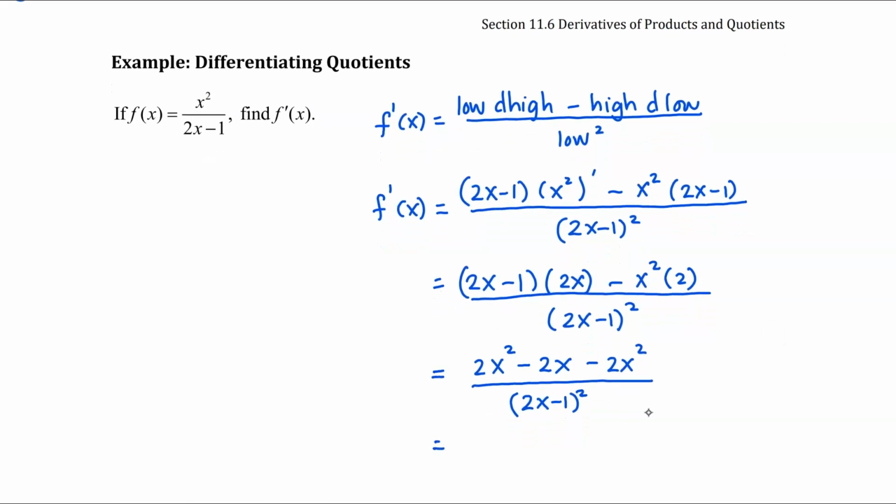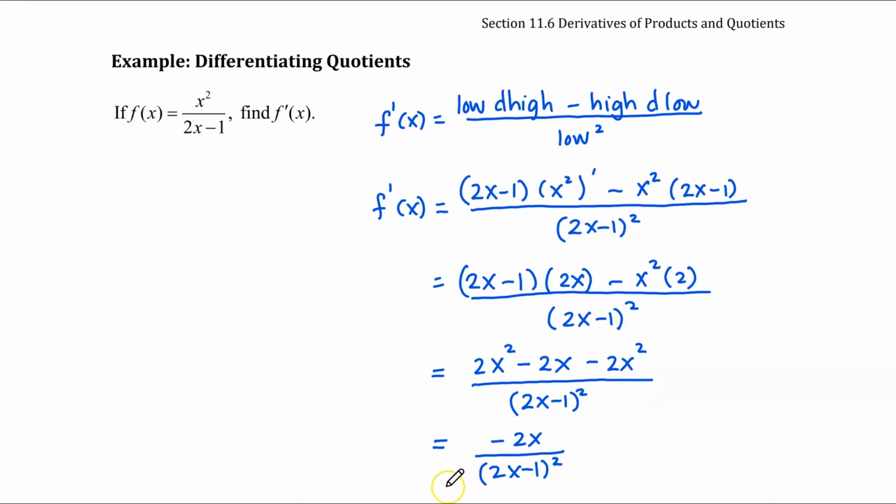So this is just equal to negative 2x divided by 2x minus 1 squared. Now same as before, when doing your homework, you may input your answer like this, and MyMathLab would accept that.